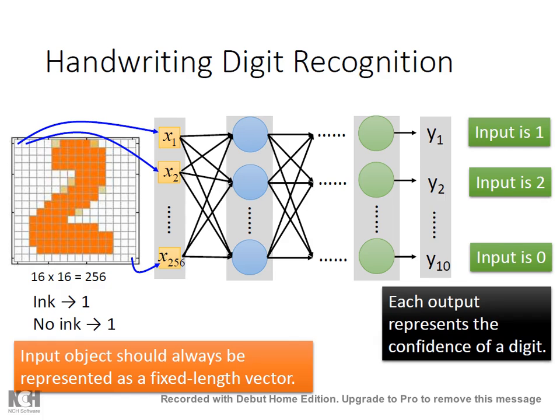So your input is 256 dimensional, and your output is 10 dimensional, corresponding to 10 digits. Each neuron just represents your probability of a digit.